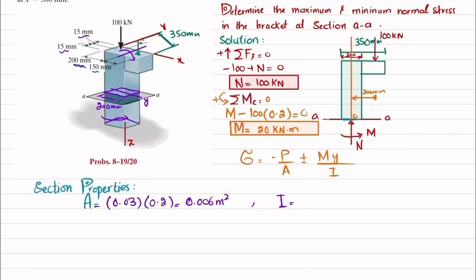This is your breadth, which is 30 millimeter, and this 200 millimeter will be the height. So I is equal to 1 over 12, b is 0.03, clear, 0.03, and height is 0.2 whole cube. When you calculate it, you will get I equal to 20 into 10 raised to power minus 6 meter power 4.